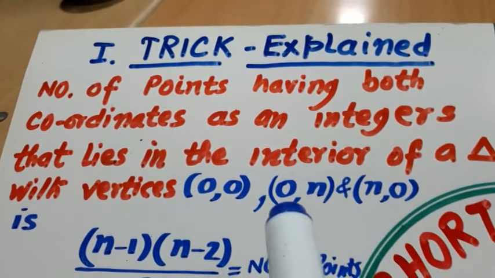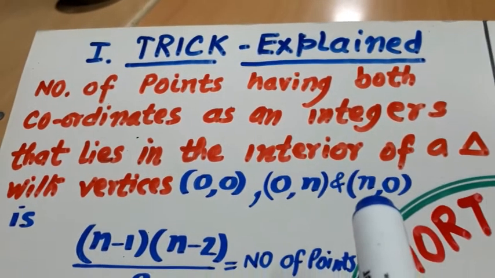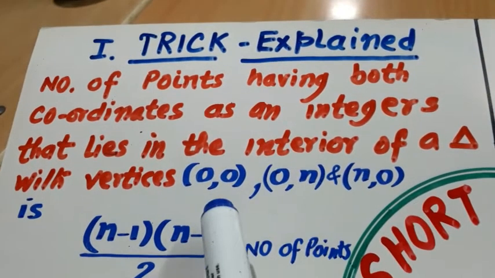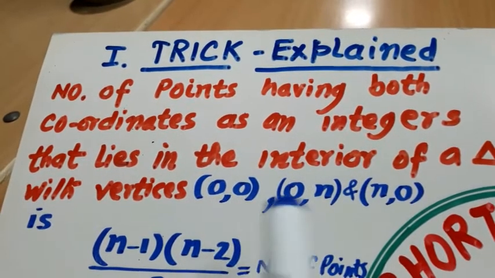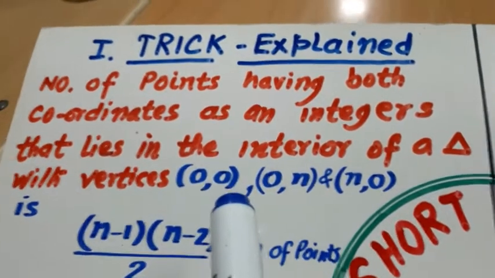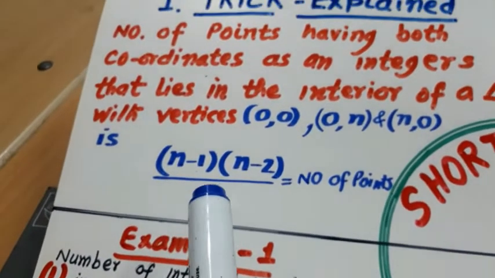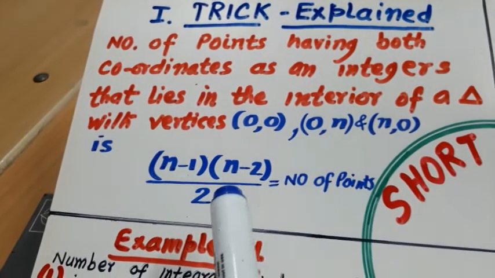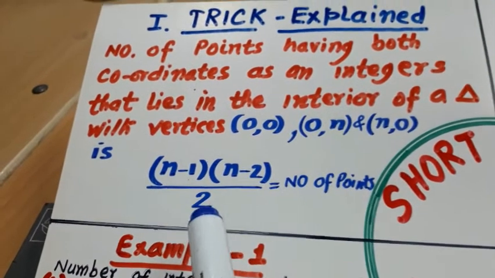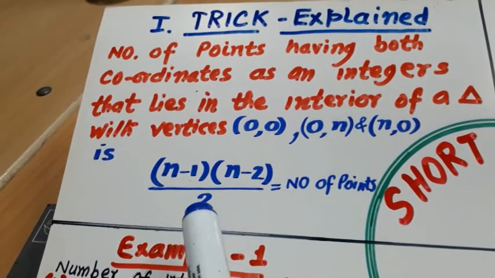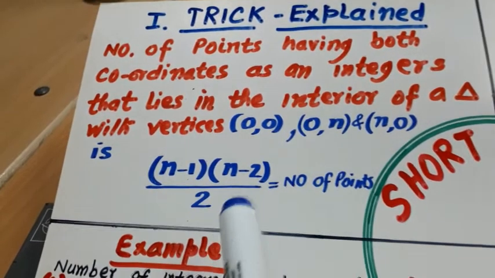One point is on the y axis, one point is on the x axis, and that third vertex is 0, 0. So it is a right angle triangle basically. Now the number of points having both coordinates as integers will be n minus 1 into n minus 2 over 2. Very simple. N minus 1, n minus 2 over 2.